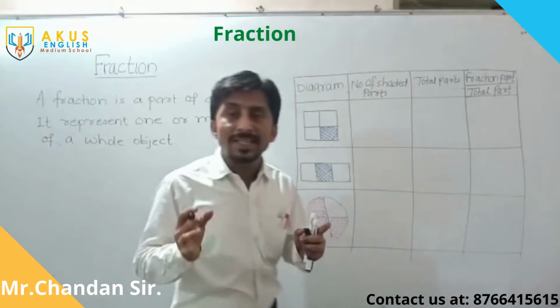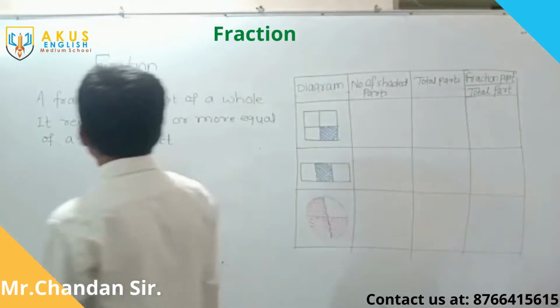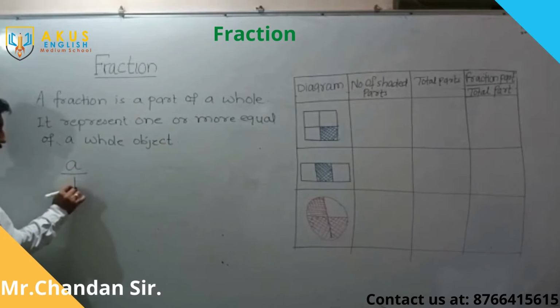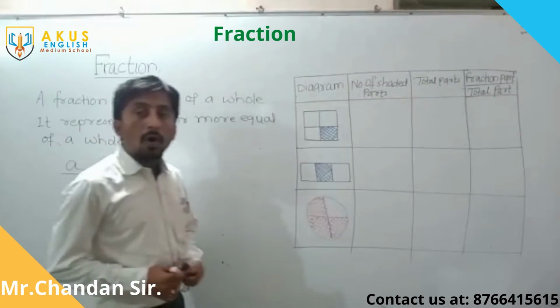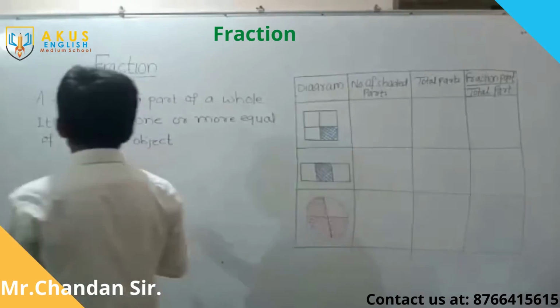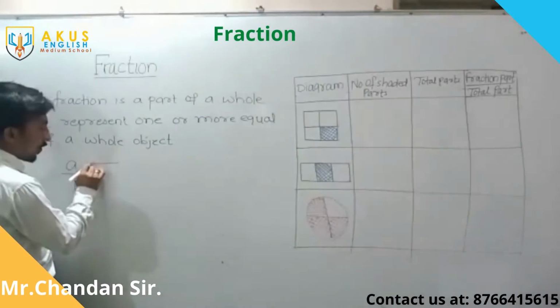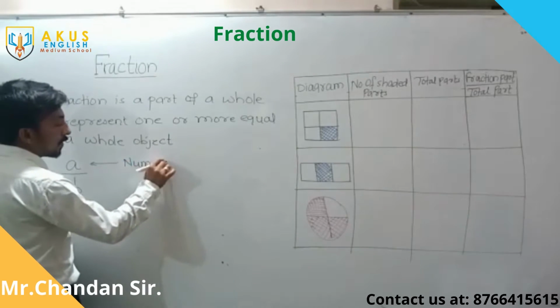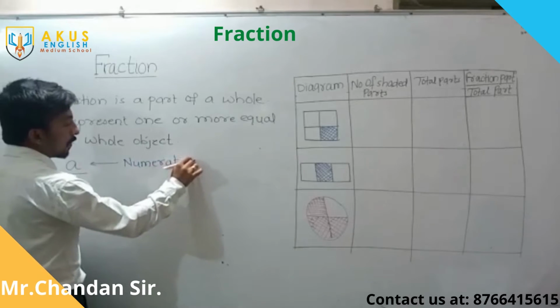Now how is this fraction written? A fraction is always written in the form a upon b, where a is called the numerator.